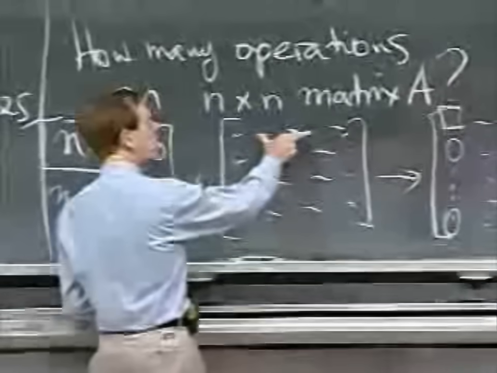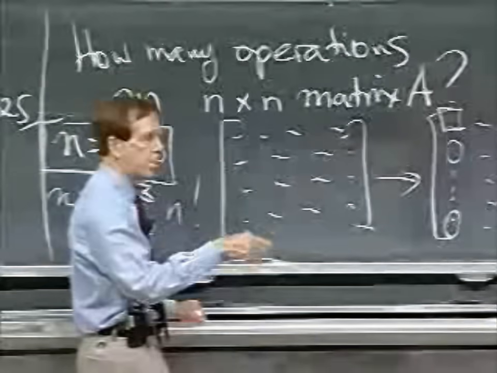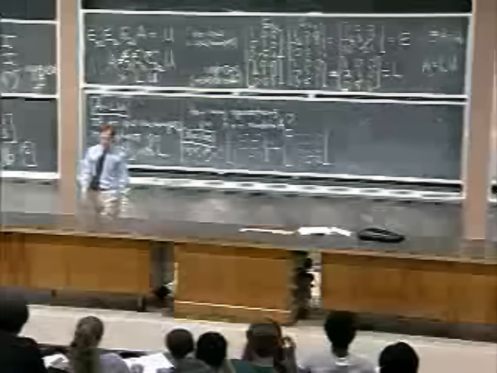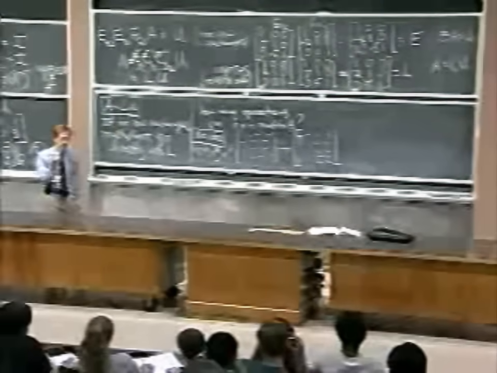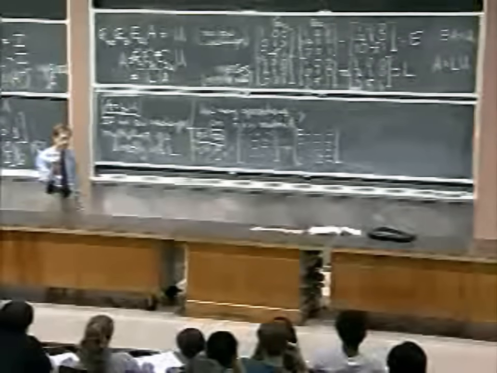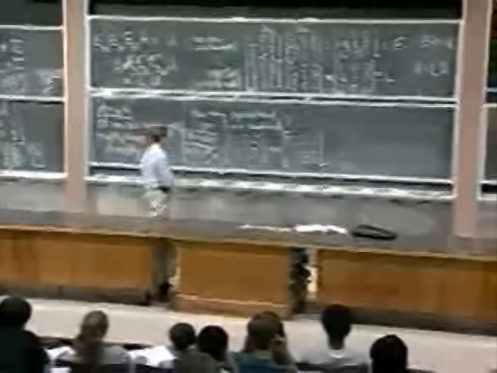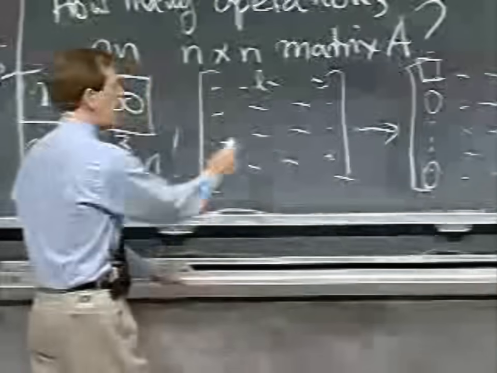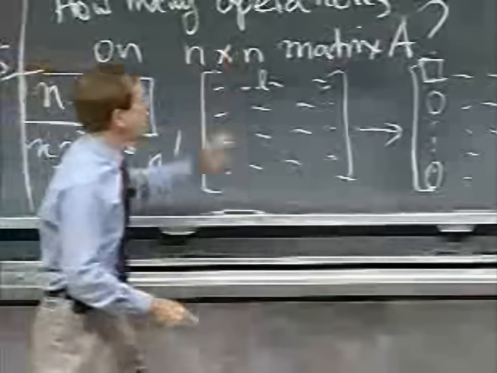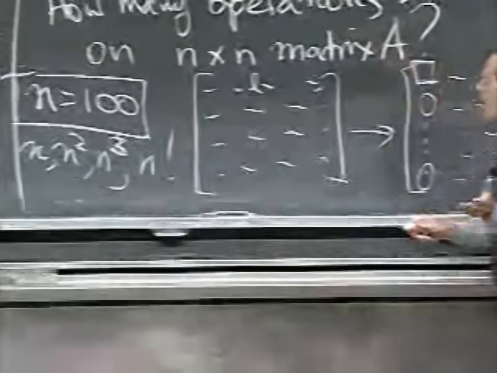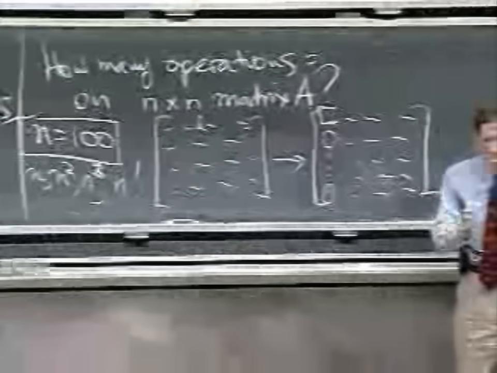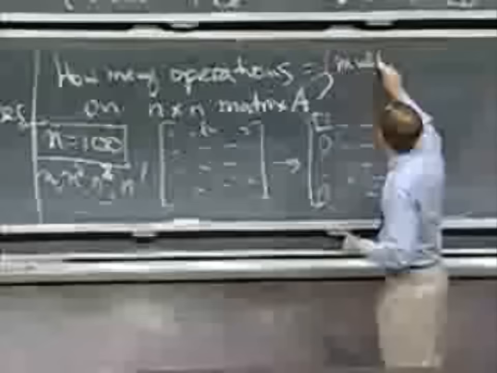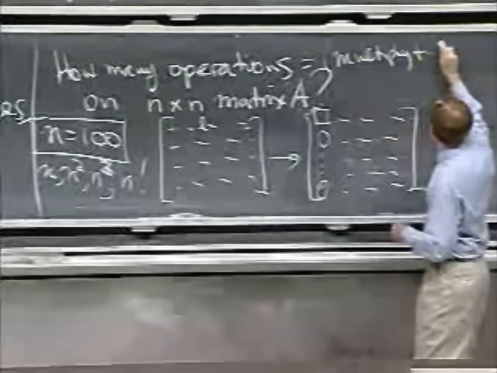When I multiply row 1 by a multiplier L and I subtract from row 6, what's happening there individually? What's going on? If I multiply, I do a multiplication by L and then a subtraction. So can I count that for the moment as one operation, or you may want to count them separately. The typical operation is multiply plus a subtract.